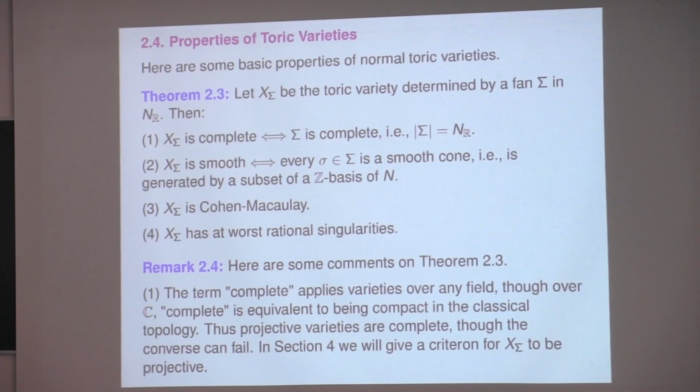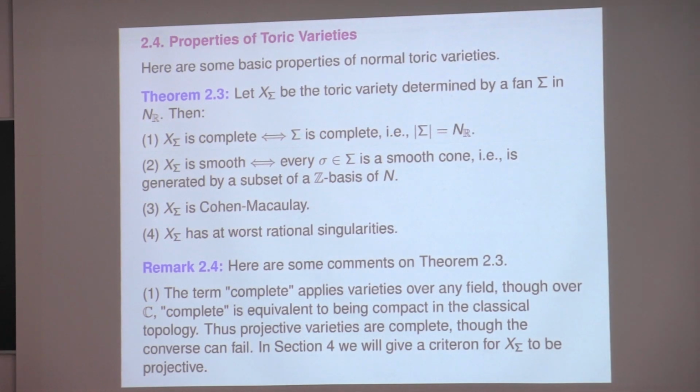So now some properties of toric varieties. In case you're not familiar with these words, I'm not going to give the formal definitions, but maybe give an intuition of what the notions mean. Some properties of toric varieties arising from the fan.